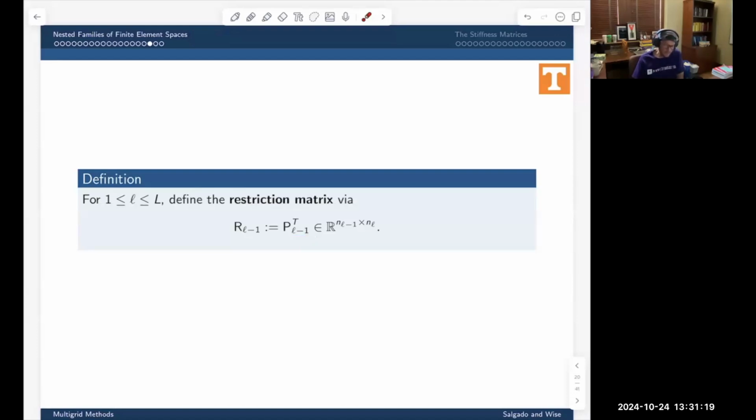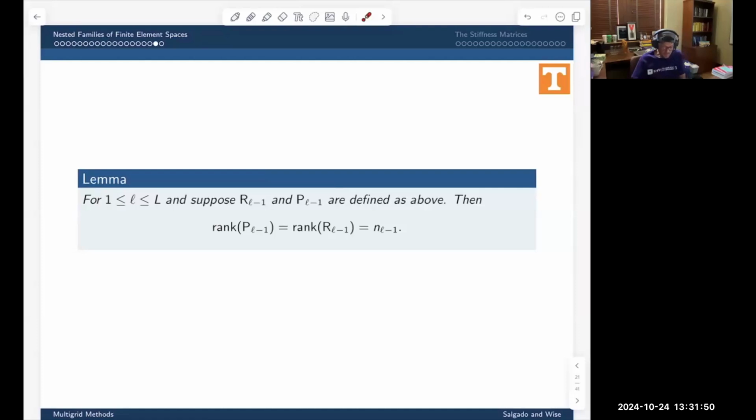We'll talk about using modified restriction matrices when we talk about cell-centered multigrid in the next chapter. But for now, we're just going to follow the usual prescription, that the restriction matrix is just the transpose of the prolongation matrix.